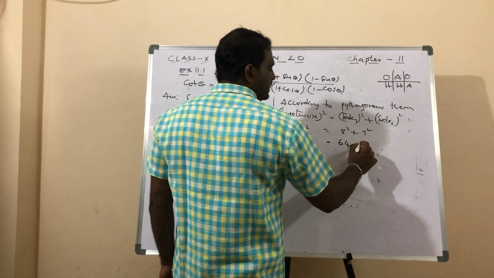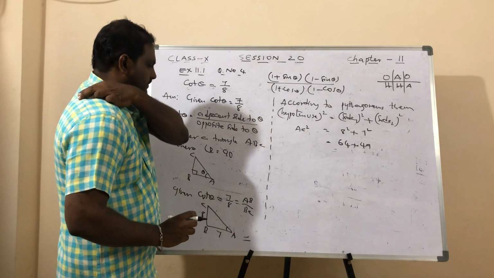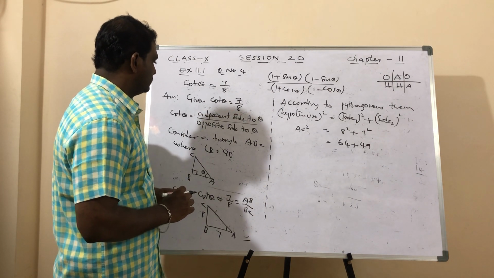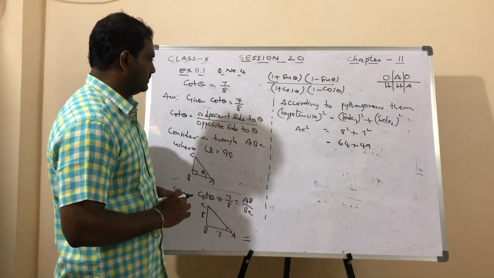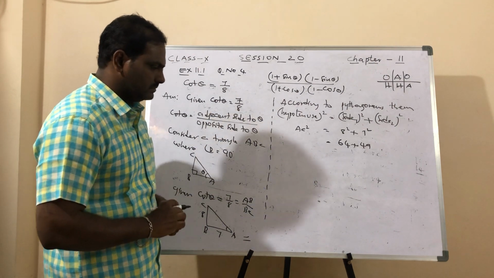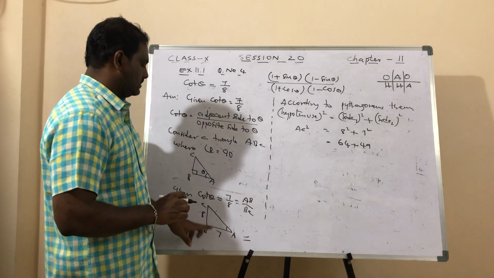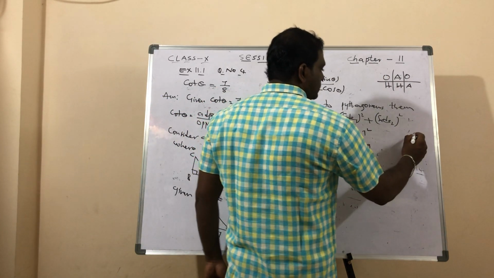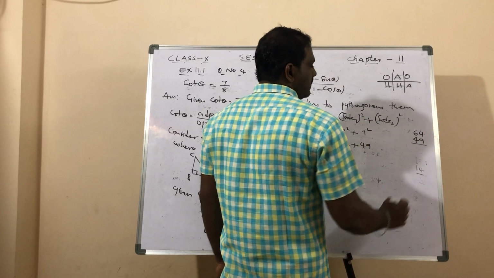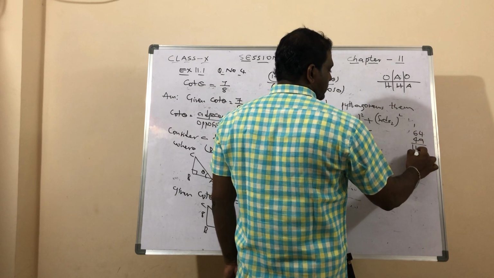And what is 7 square? 7 7s are 49. So what is this? 64 plus 49. 9 plus 4, 13. 113.